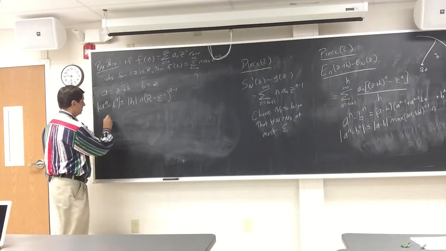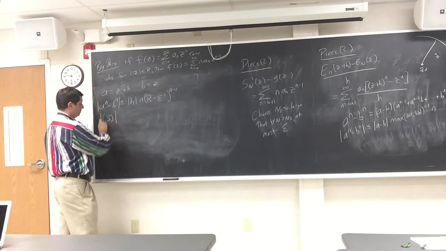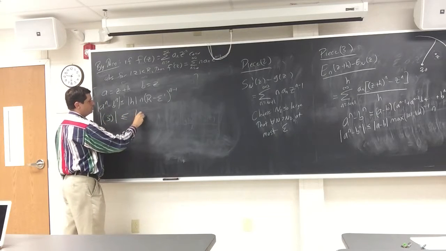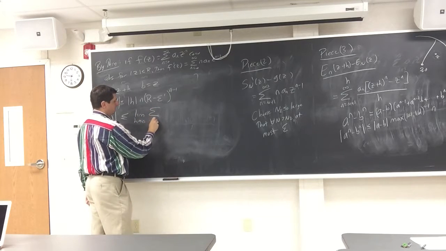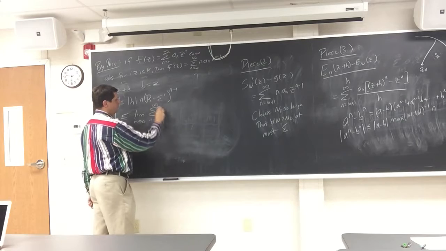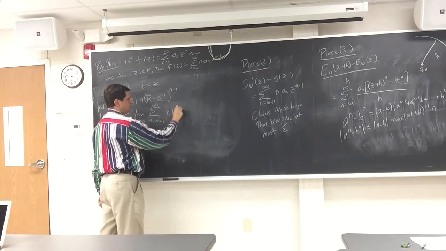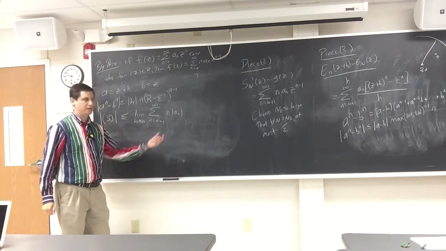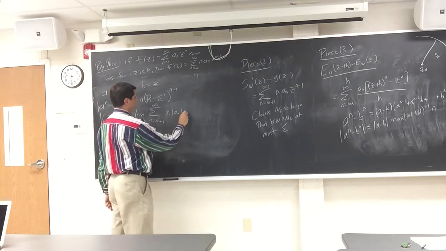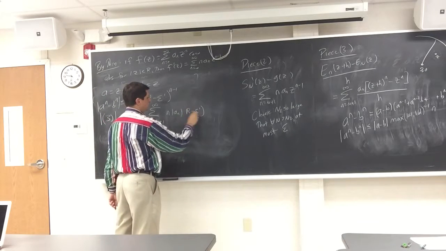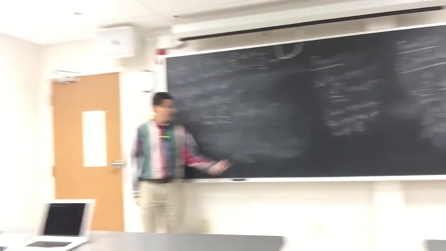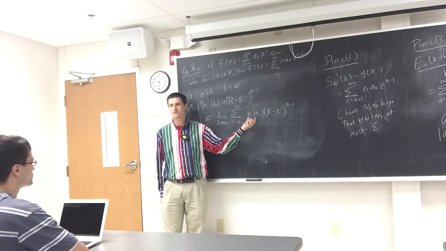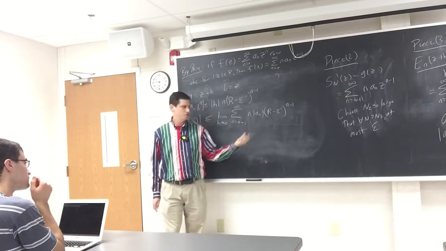And so now the third piece in absolute value is going to be less than or equal to the limit as h goes to 0 of the sum from n plus 1 to infinity of n, and we have to put in an absolute value here because we're taking absolute values, a_n times (r minus epsilon prime)^(n-1). And this series has the same radius of convergence as the others.